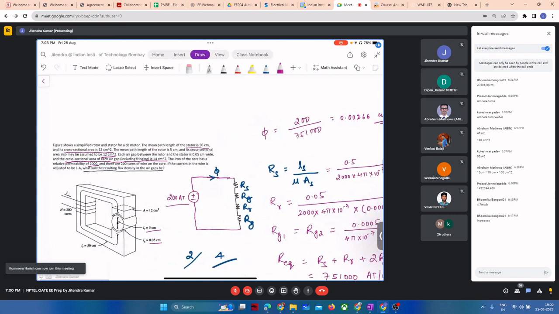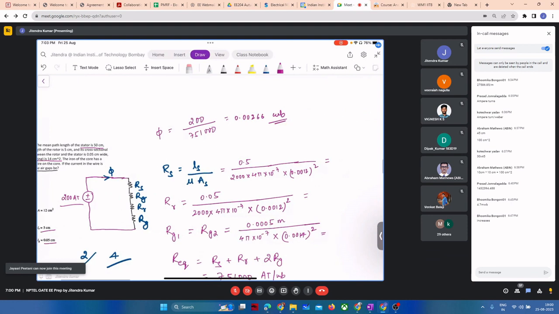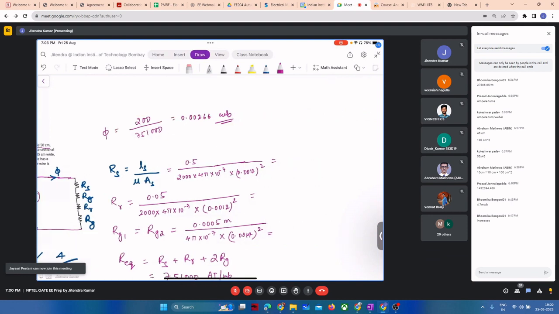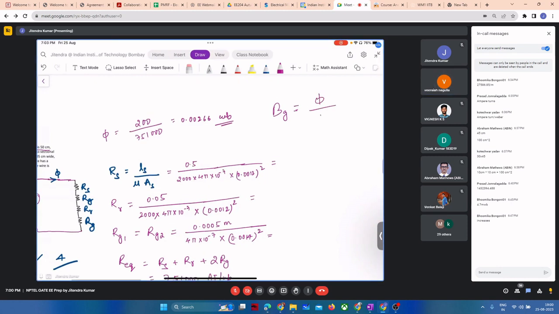But the question was, what will be the resulting flux density in the air gaps? So how to compute the resulting flux density in the air gaps? It is nothing but flux by area. That's right.